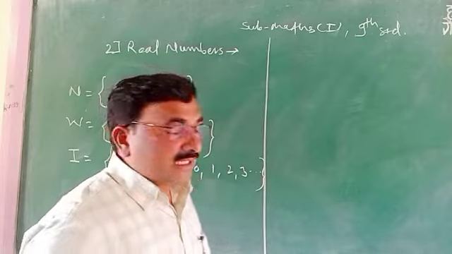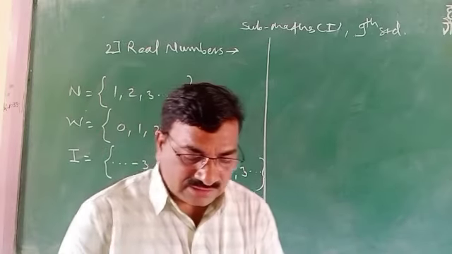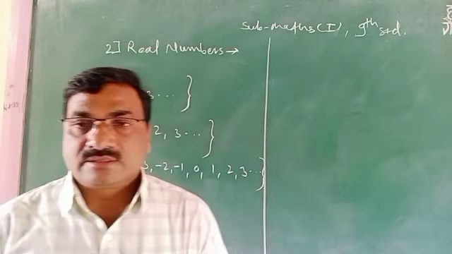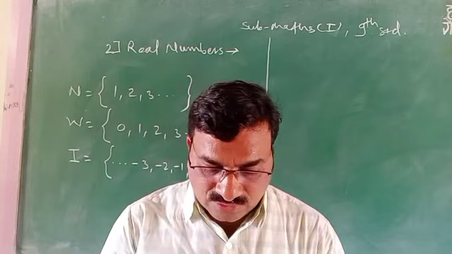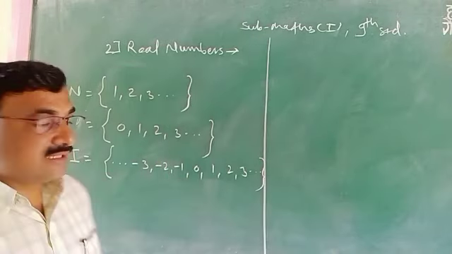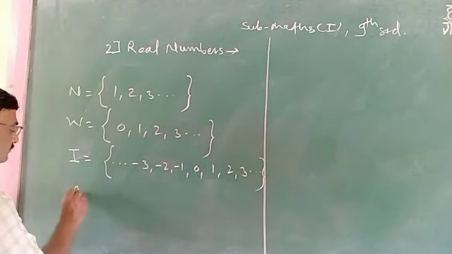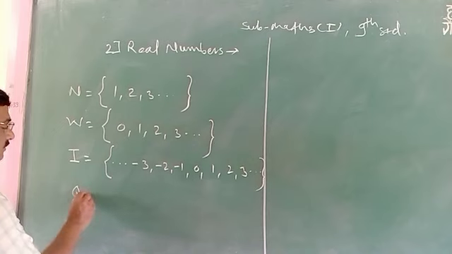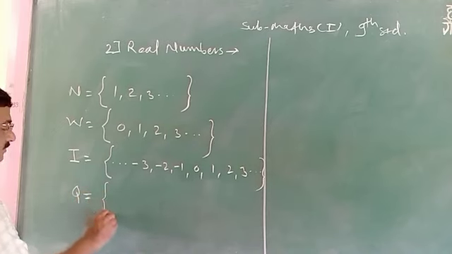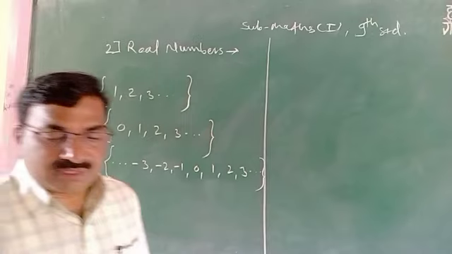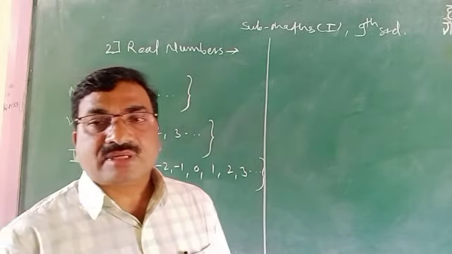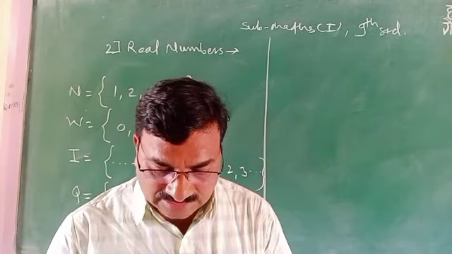Then the next set is the quotient number, that is, rational numbers. The set of rational numbers, that is, the fractional numbers, are included in that set.